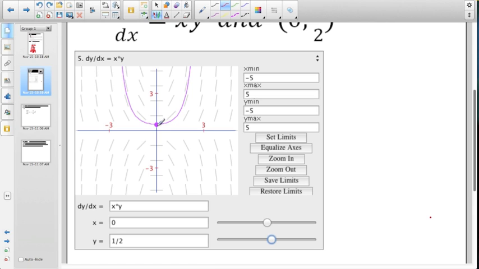So here is 0, 1/2, and if you notice the purple solution here is, like we mentioned before, following the contour of those tangent lines at each point.